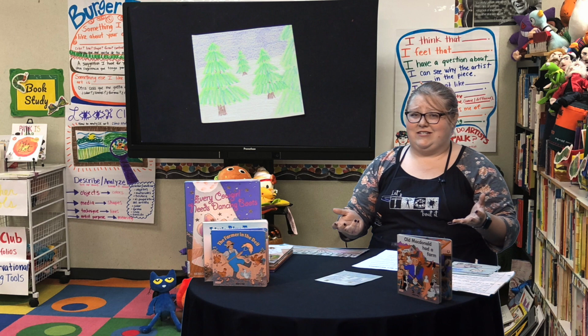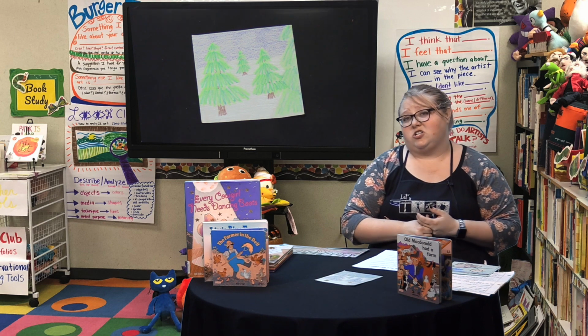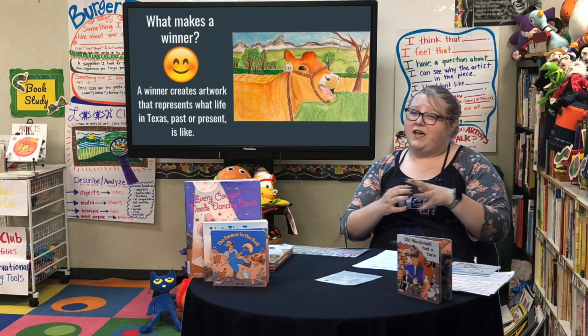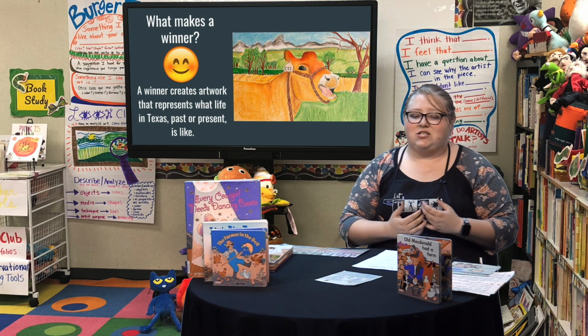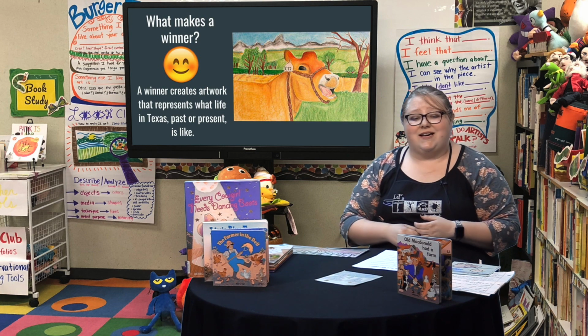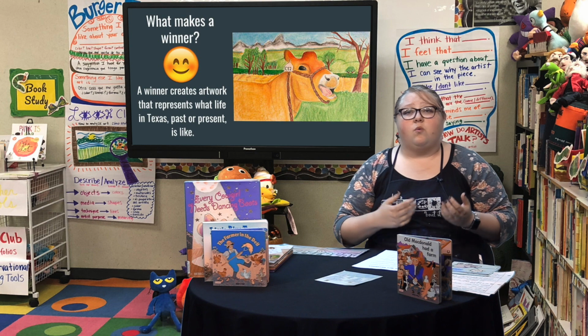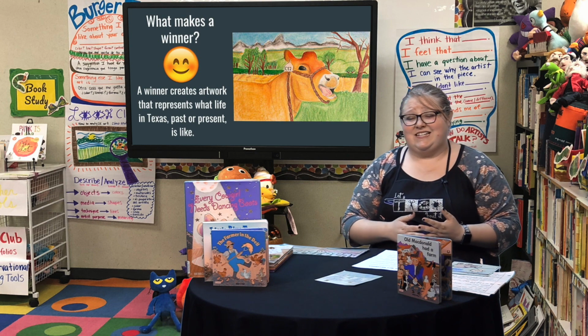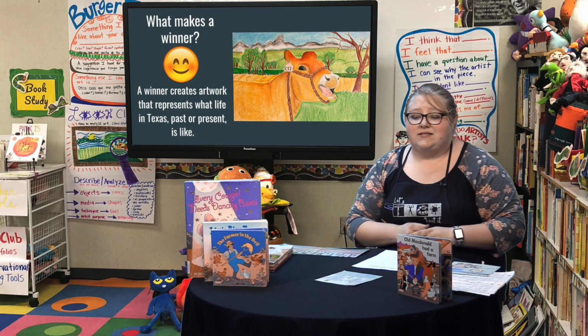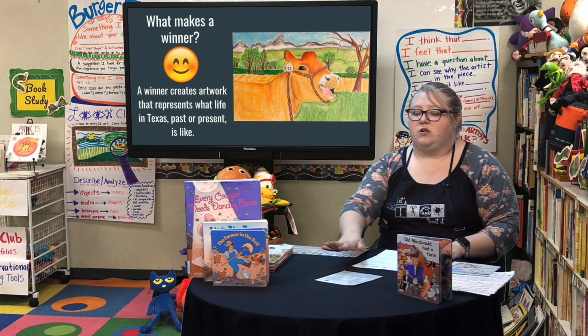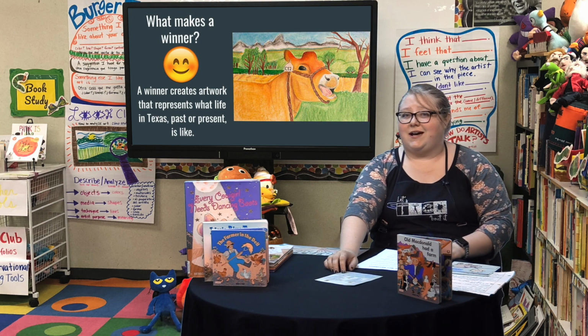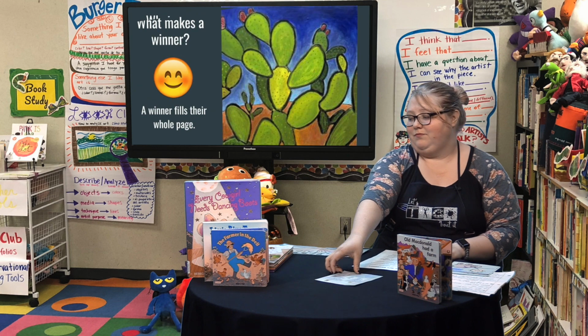However, it has nothing to do with the Houston Livestock Show and Rodeo. So we want to make sure that whatever we're producing has something to do with the rodeo, has something to do with Texas, what life is like in Texas, past or present. That's our first rule: make sure that whatever you do has to do with Texas.